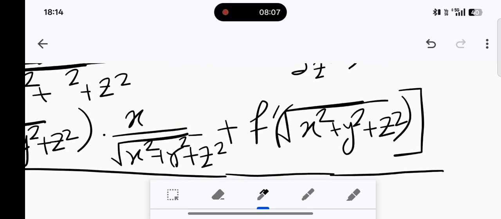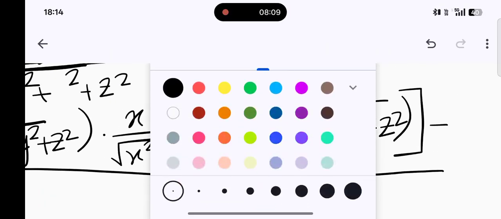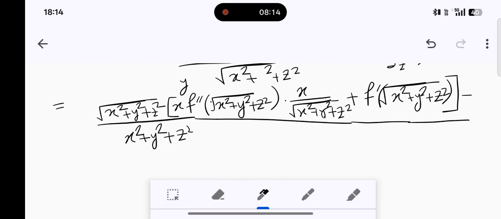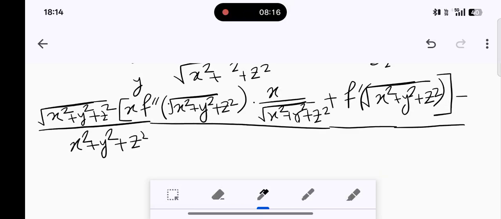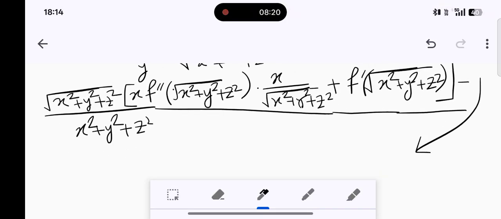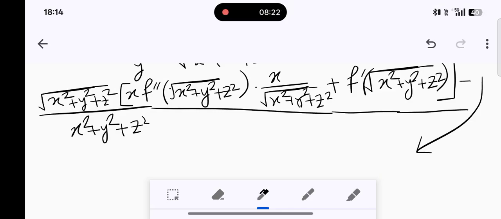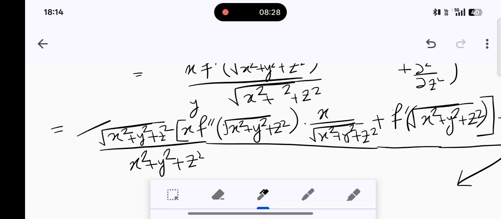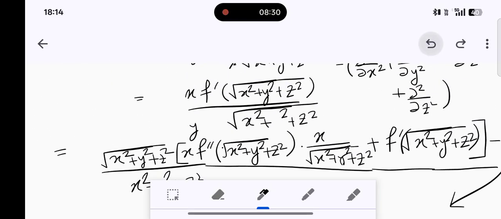Now there will be a minus. Space is very much less, so I have to increase the space. I am writing here, okay, hopefully not an issue, sorry. Now I have to differentiate this term and fix this term, right?